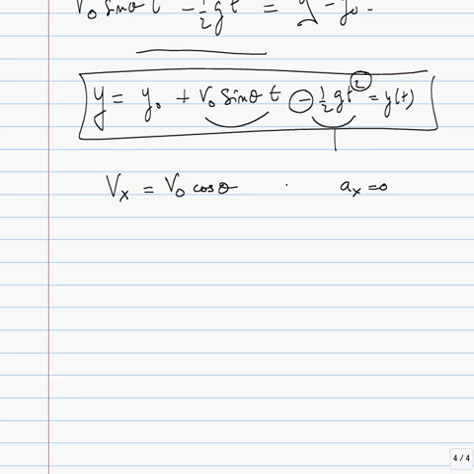Therefore, at all time, the x component of the velocity is a constant, which is V naught cosine theta. We did the same thing with Vy, and we ended up with V naught sine theta minus gt, where we used the fact that Ay was minus g.